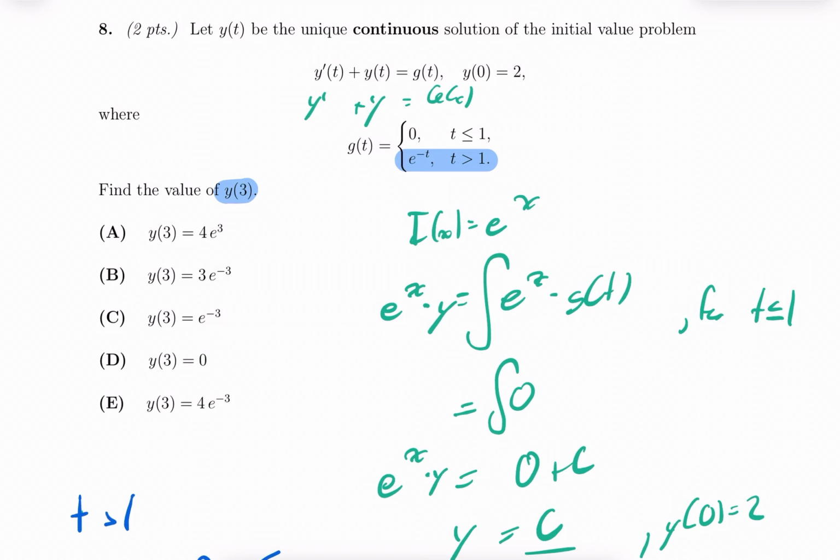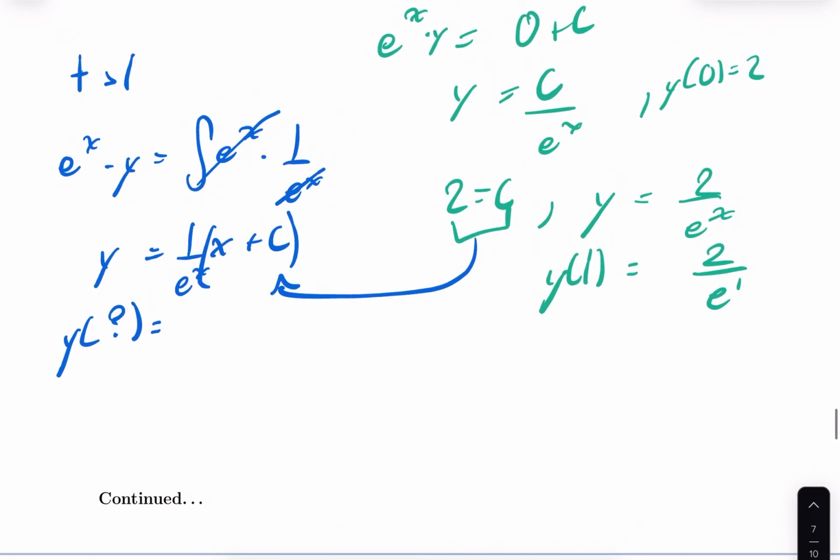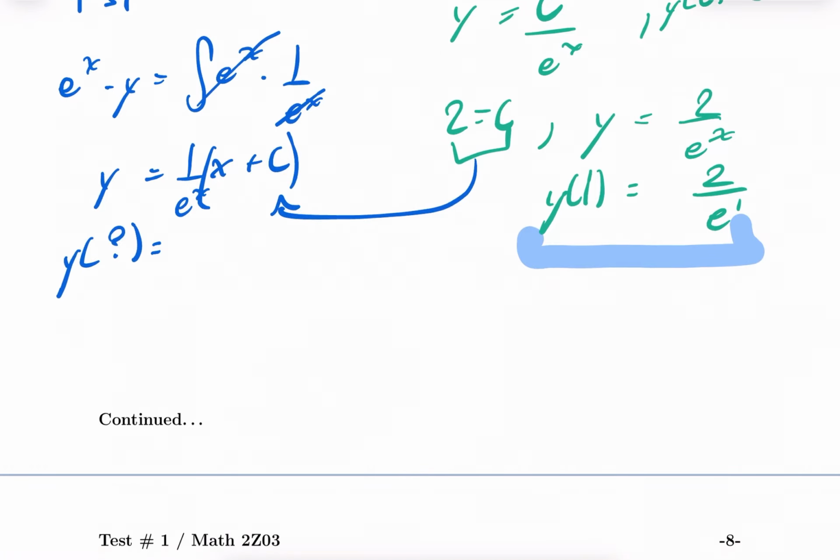I know nothing else. But I've already solved it here. I've already solved for when y at 1 is equal to it, right? When y at 1 exists. I could solve for y at 3. And you know what? Just to spite you guys, I will solve y at 3.